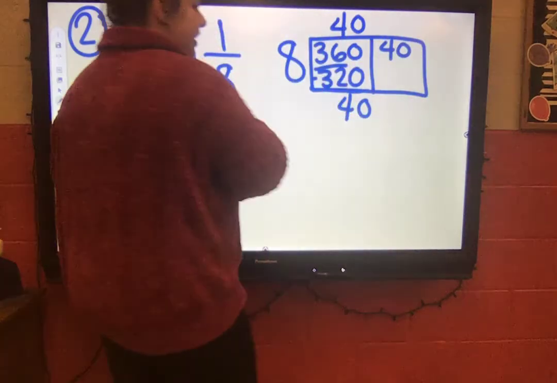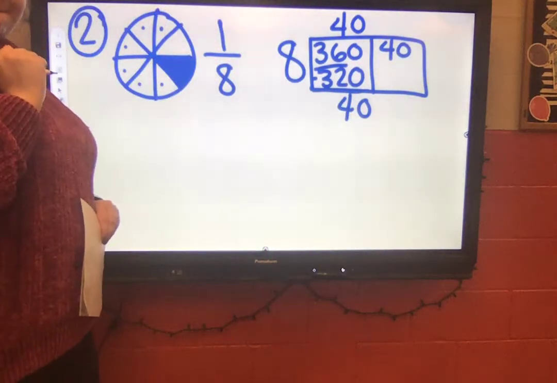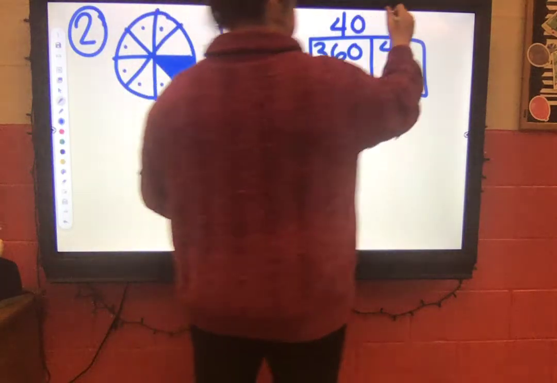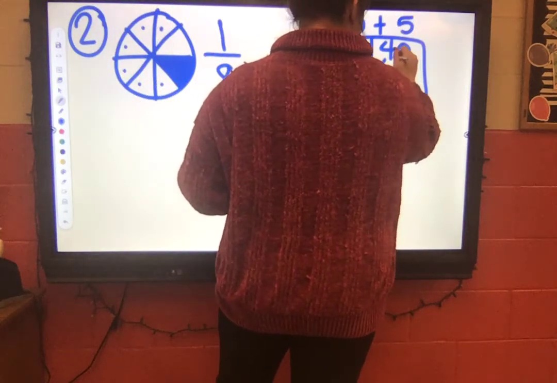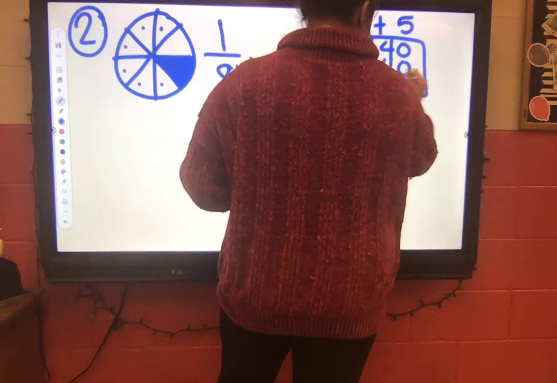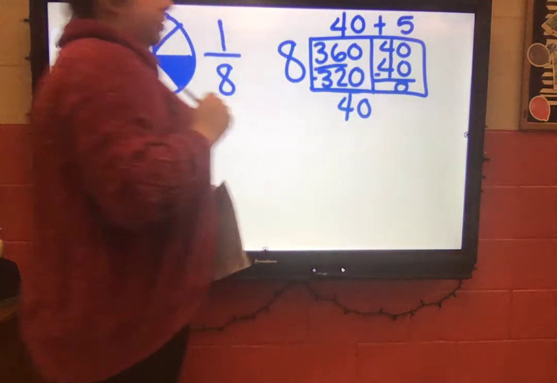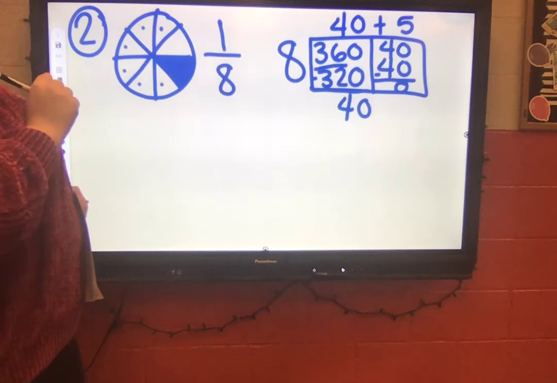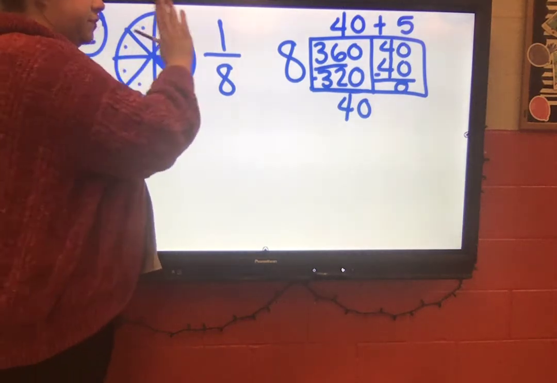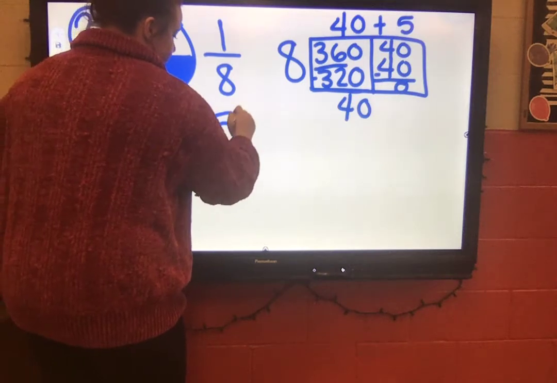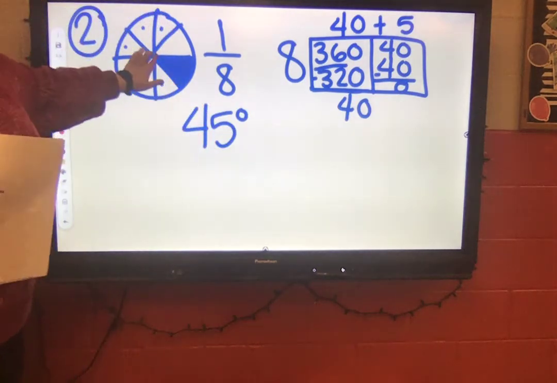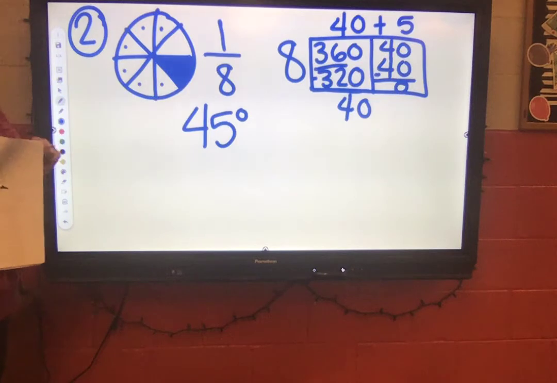And how many times will 8 go into 40? 5. 5 times 8 is 40. Subtract it, 0. 0 is my remainder. And my degrees, 40 plus 5 is 45 degrees. So this slice is 45 degrees.